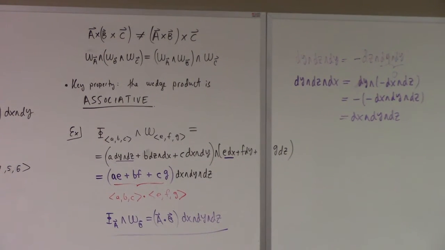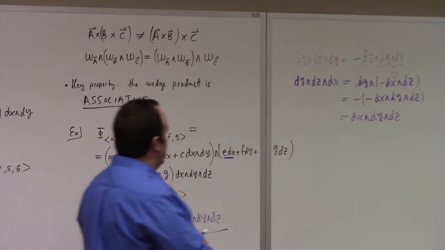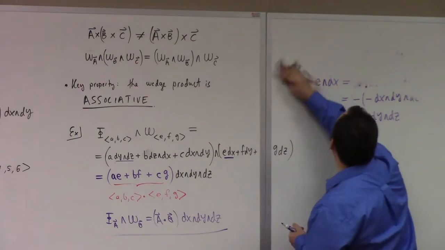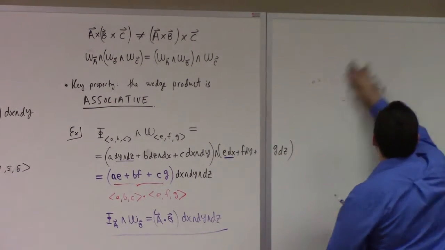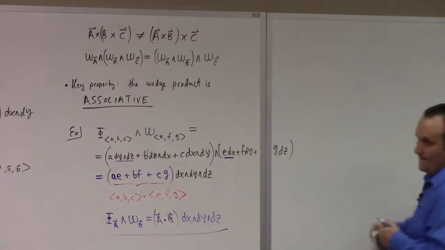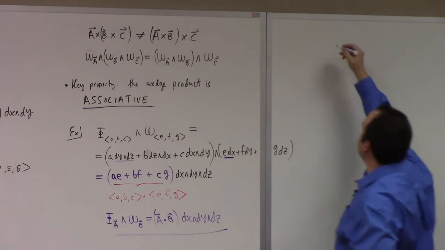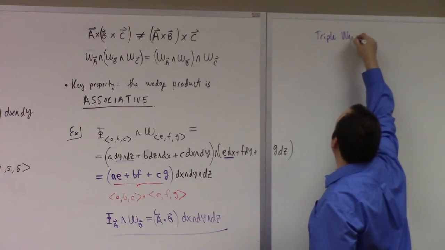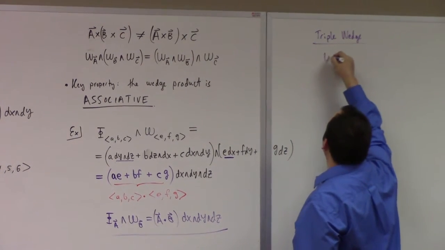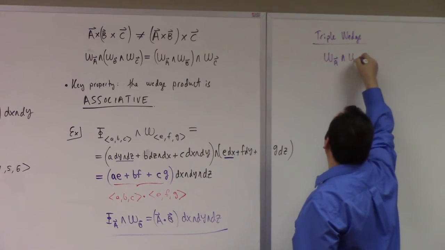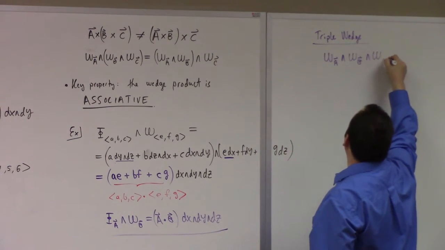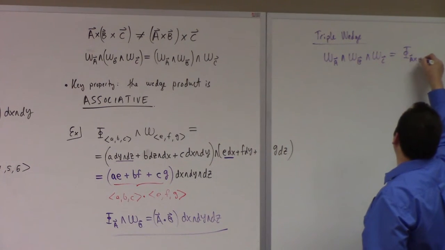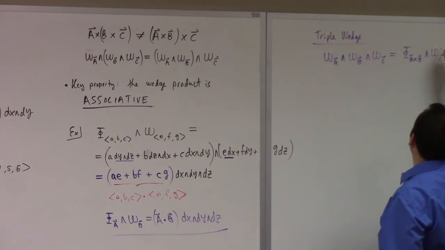So what is the meaning of the triple product then, with this in mind? Triple wedge. What is the triple wedge of one forms? So omega A wedge omega B wedge omega C. Well, this is the flux form of A cross B, wedged with the work form of C, right?